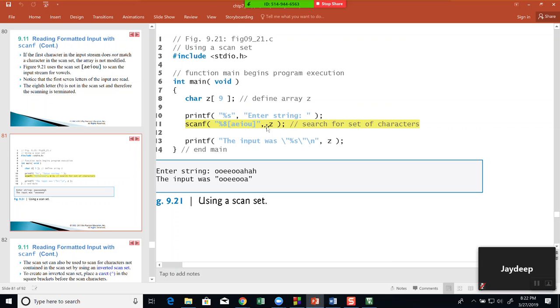We don't need the little symbol there because by default, the array of characters is a pointer. They input all this 00 EE 00 AH, and it keeps the 00 EE 00 A.